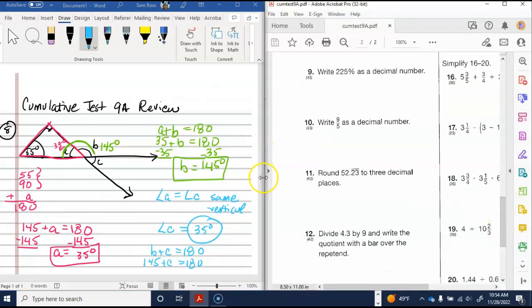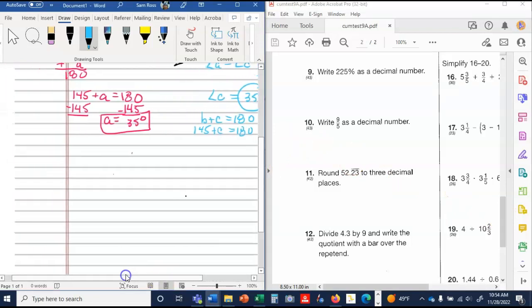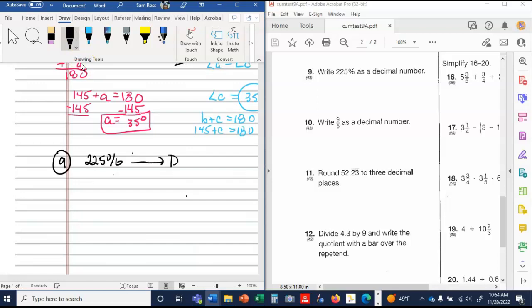And then we come into some questions about going from percent, decimal, fraction, all of that fun stuff. And I can see there's going to be a part 2. So 9 says write 225% as a decimal number. So I know that when I have fraction, decimal, percent, to go from fraction to decimal, I divide.